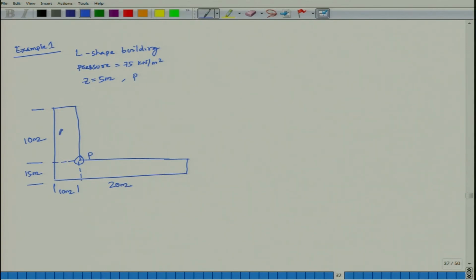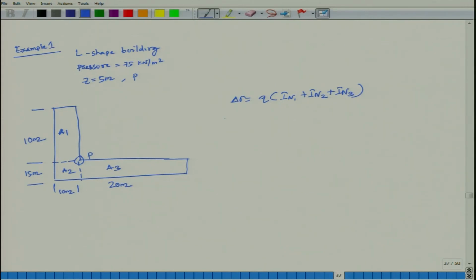This will be my A1, this will be my A2 and this will be my A3. So, it has been divided into 3 small parts. Then delta sigma will be Q into I_n1 plus I_n2 plus I_n3. Why? For A1, A2, A3, this is your corner, this is your corner, this is your corner. This is very straightforward.